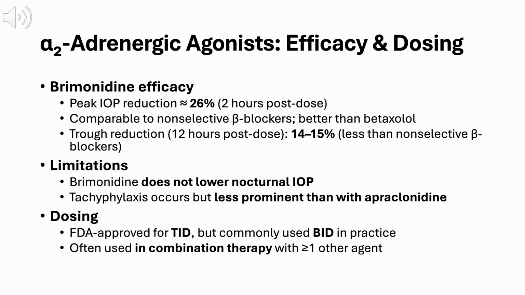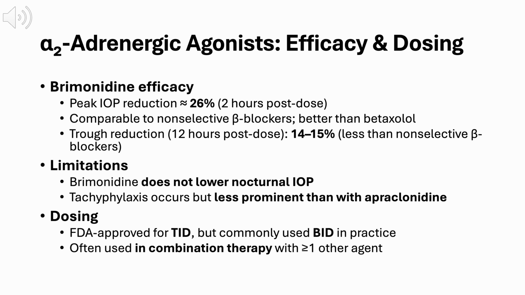Brimonidine reaches its peak intraocular pressure reduction of about 26%, roughly 2 hours after instillation. Its efficacy is comparable to that of non-selective beta blockers and slightly better than betaxolol. The trough reduction, about 12 hours after dosing, is around 14 to 15%, which is somewhat less than the non-selective beta blockers.